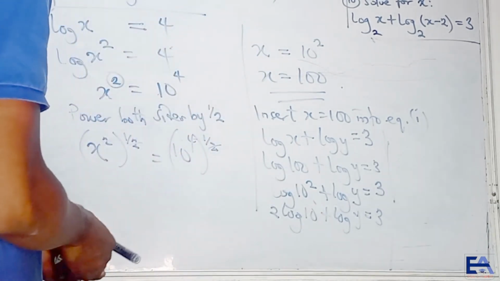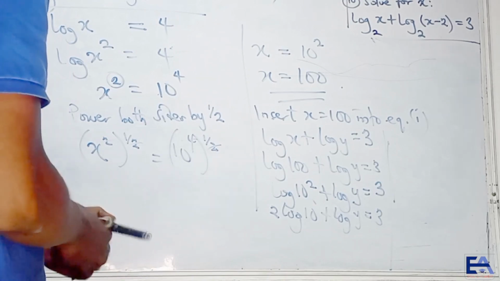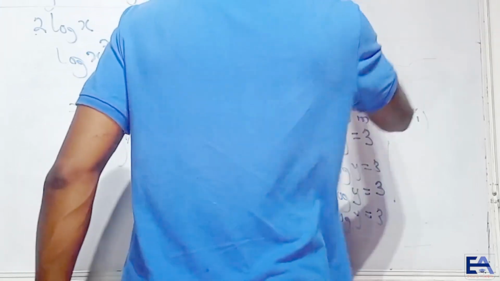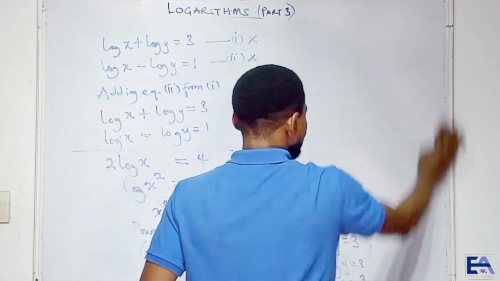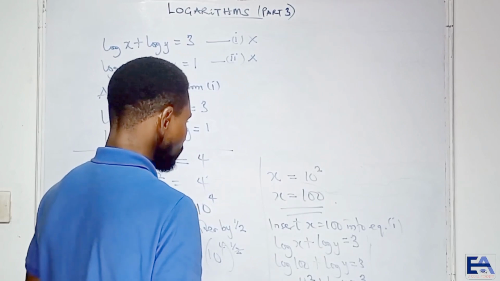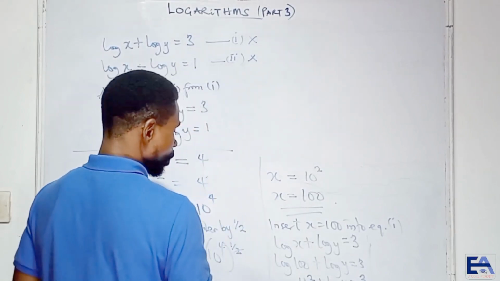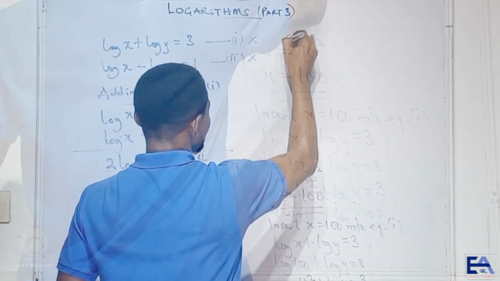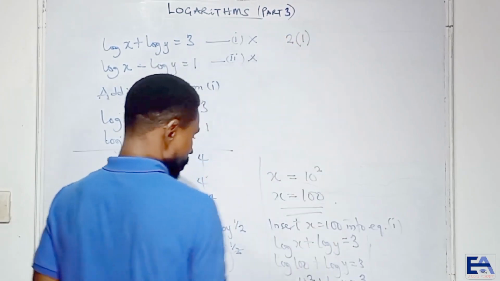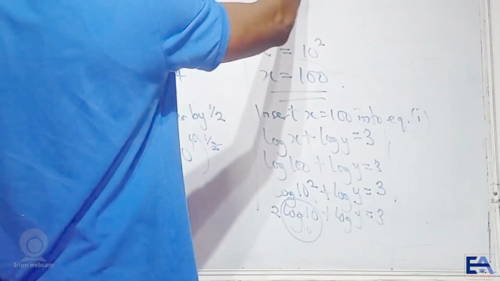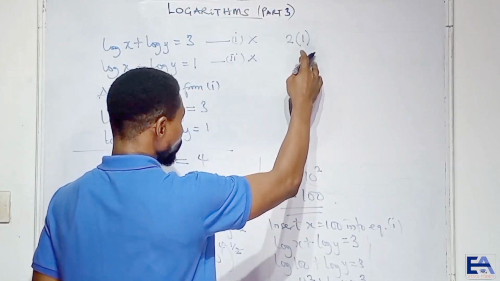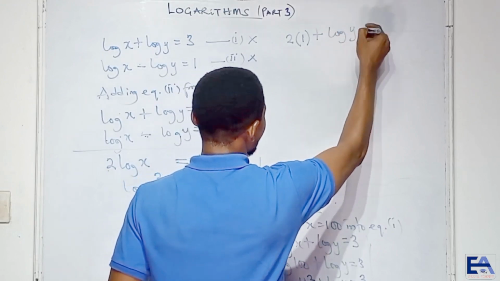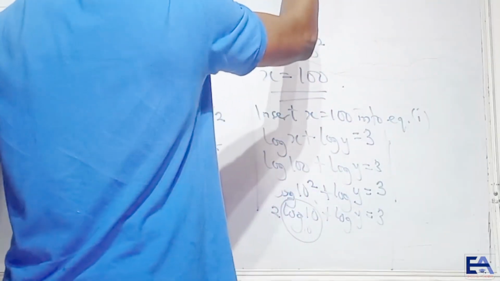So what is 2 log 10? Since we are done with all of this, I think we can just take them off. Okay, so 2 log 10, it's like log 10 to base 10, so that will give us ordinary 2. So we have 2 times 1, which is 2.